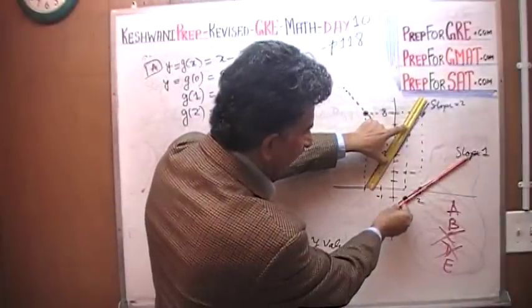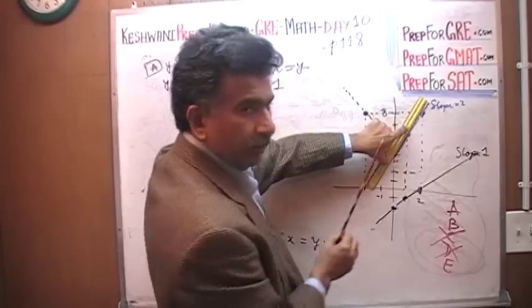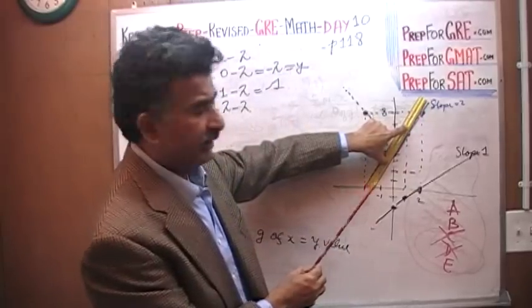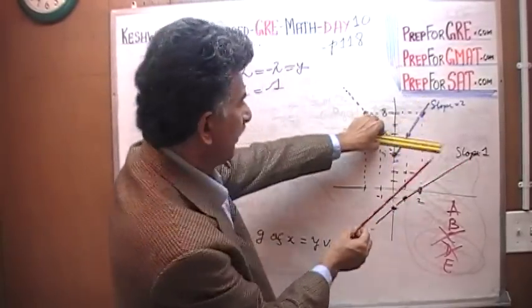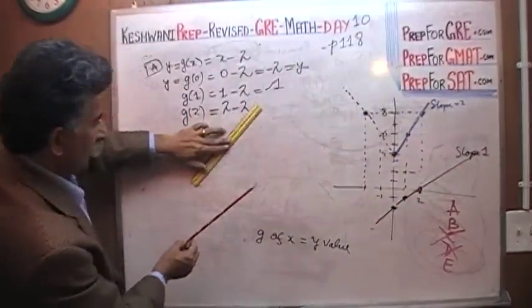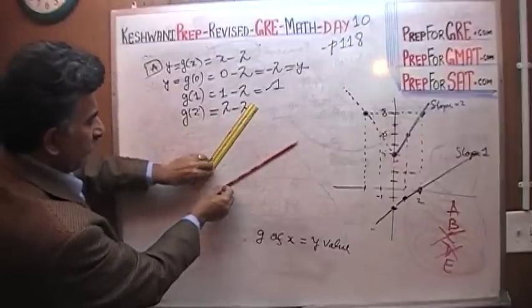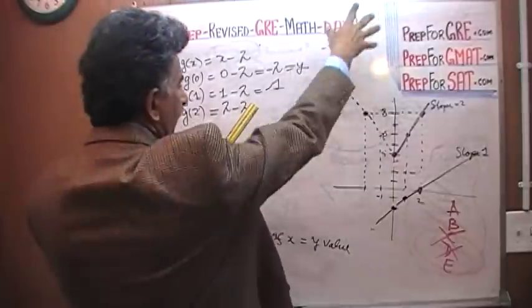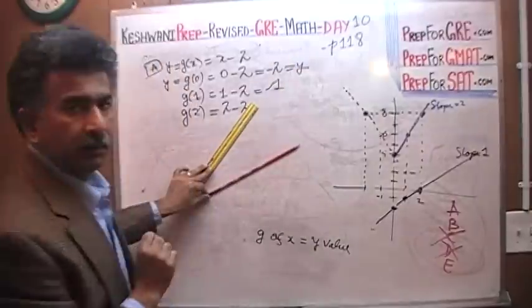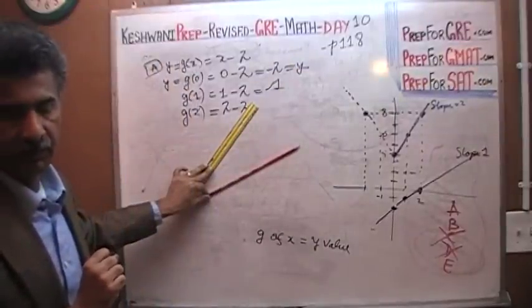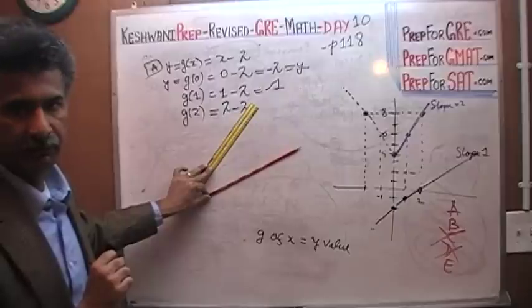As they go farther and farther out in x, they will never intersect with each other. They're going to go farther apart because one is steeper and the other is more slanted. As we go out further, they're going to go farther apart. They will never intersect with each other.